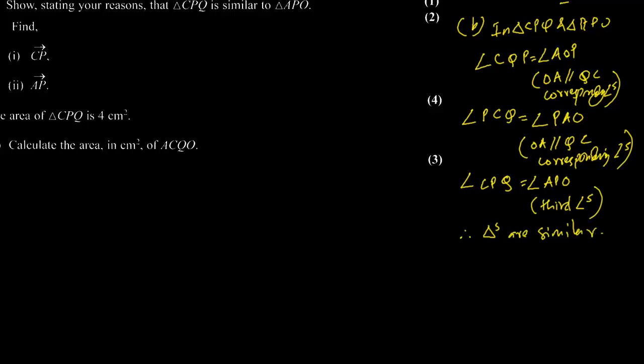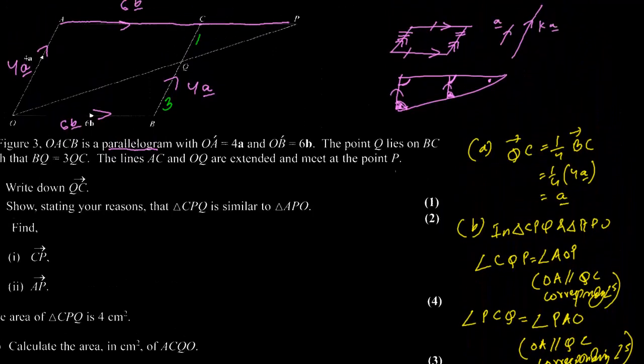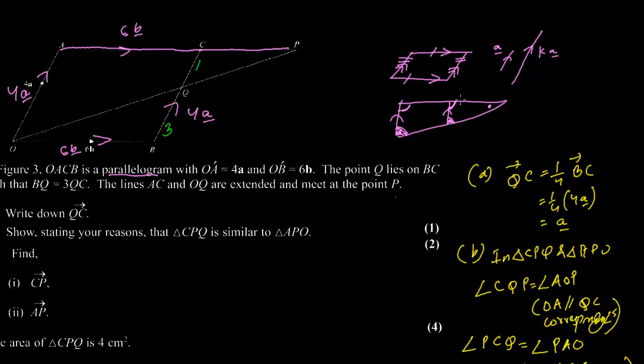So this question is not just vectors, this is really similarity in geometry. Once you know that two triangles are similar, let me name the points O, A, C, P, and this is Q. Opposite this angle we have CP, so CP divided by AP for the larger triangle, equals QP divided by OP.